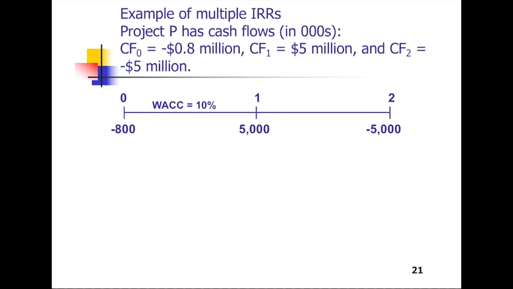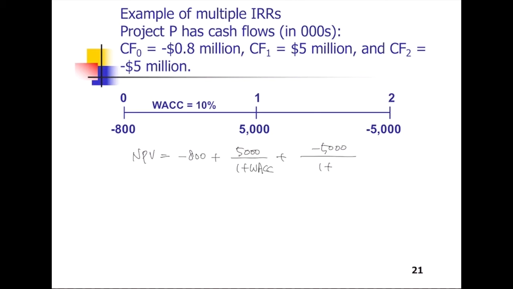So let's check together. How do we calculate IRR? For example, in the NPV case, how do we calculate this? Cash flow minus 800, plus 5,000, minus 5,000, over 1 plus what kind of discount rate here?